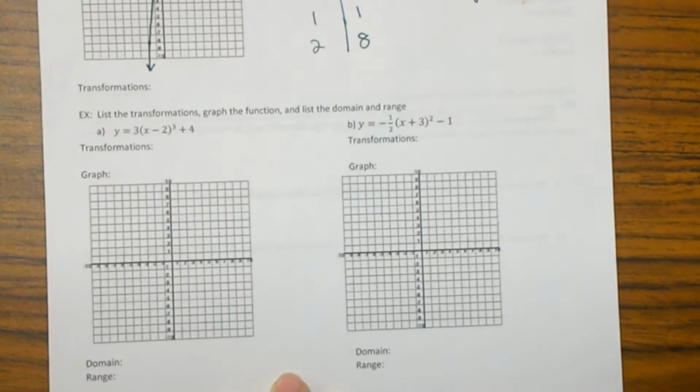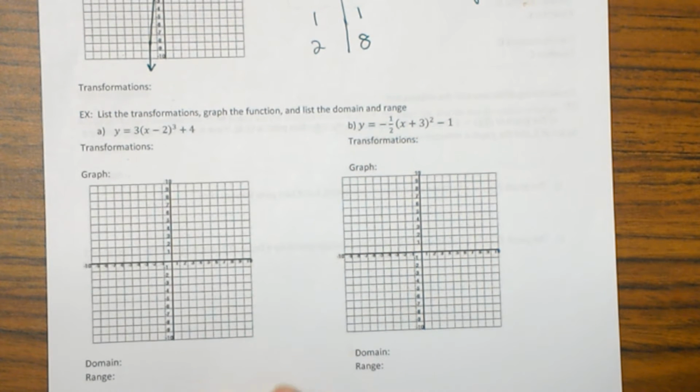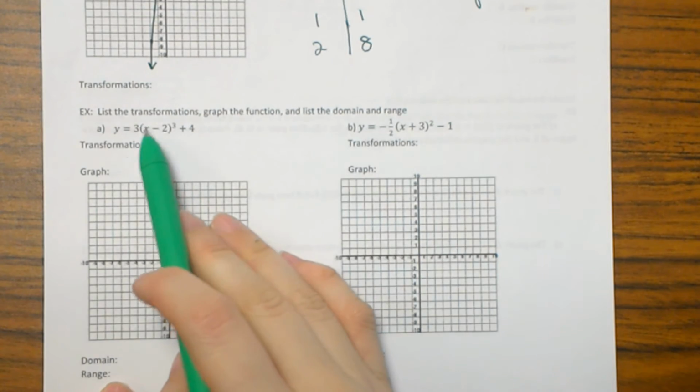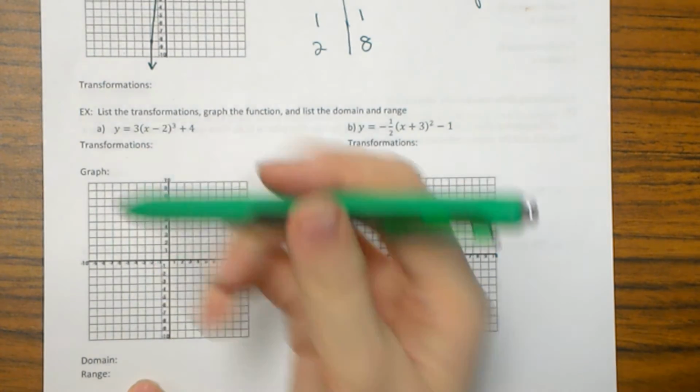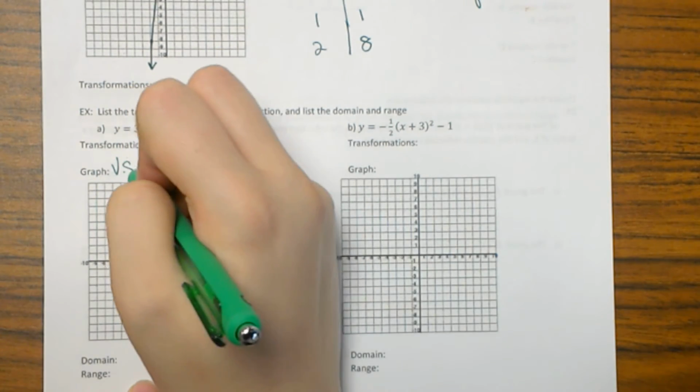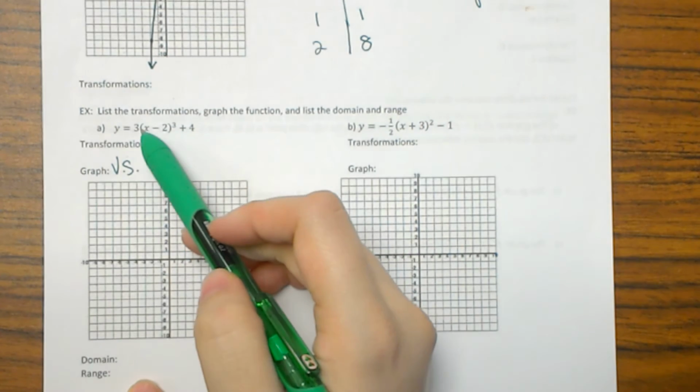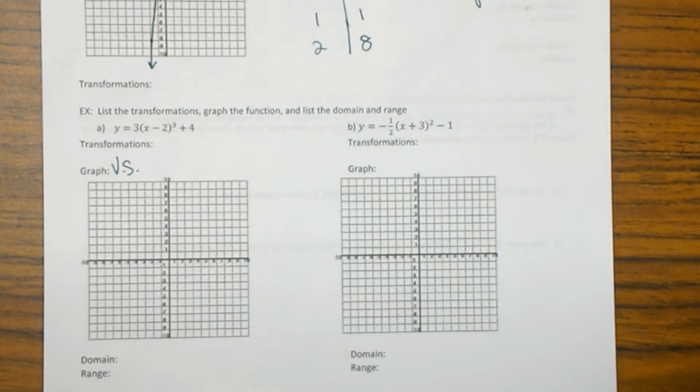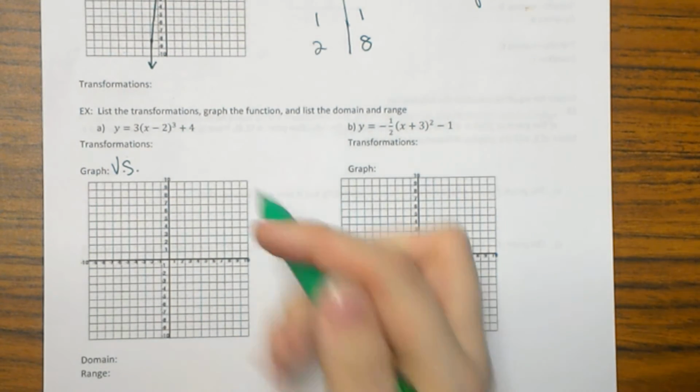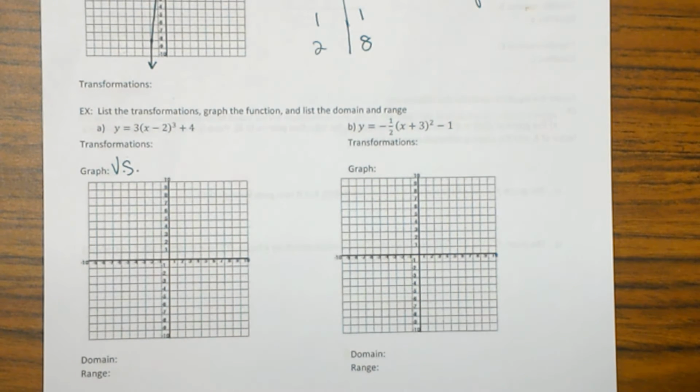I'm going to look at two examples of transformations. So the first one I multiplied by 3, so that's called a vertical stretch. My y values are getting further apart, so I'm multiplying each time by 3.